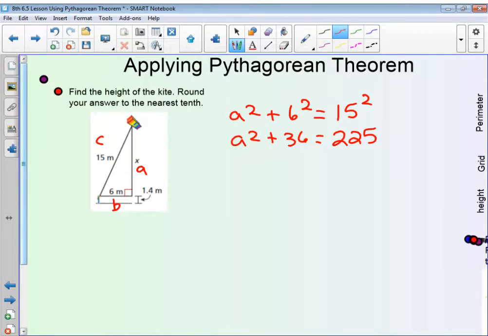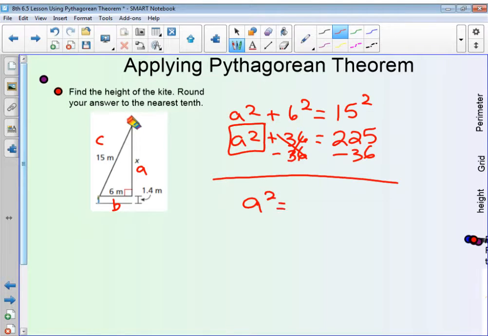So a squared plus 6 squared is 36 equals 15 squared is 225. Okay, so now I'm going to get rid of my 36 because I want to get a squared by itself. So subtract it. So now I have a squared equals 189. And to get rid of the squared, I have to do square root. This is usually the step sometimes people forget to do, that square root.